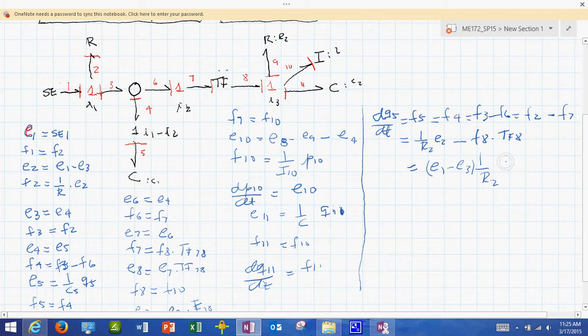And then we have F sub 8 times, where is F sub 8? It's F10. F sub 8 is F10 times TF 7, 8.